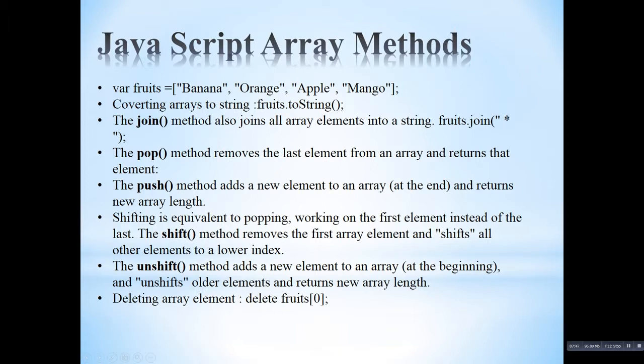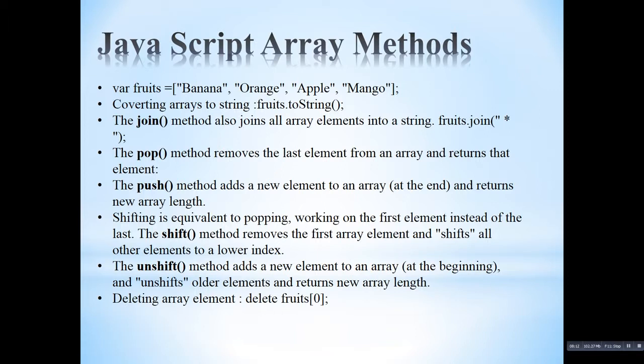Shifting is equivalent to popping, working on the first element instead of the last. The shift method removes the first array element and shifts all other elements to a lower index. Similarly, the unshift method adds a new element to the array at the beginning and unshifts other elements.